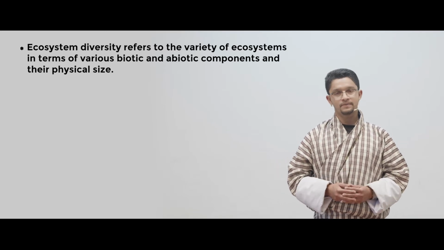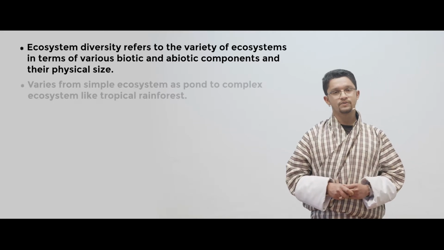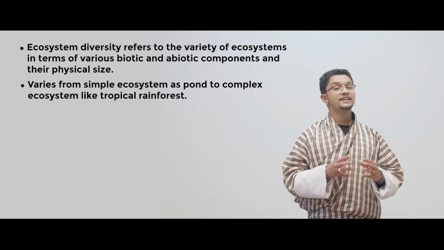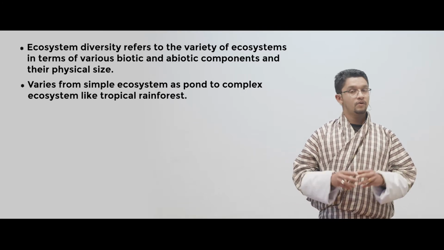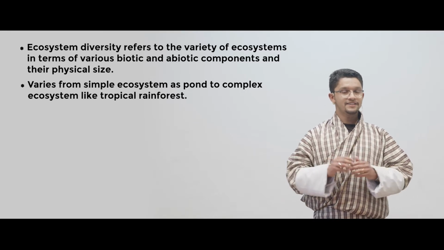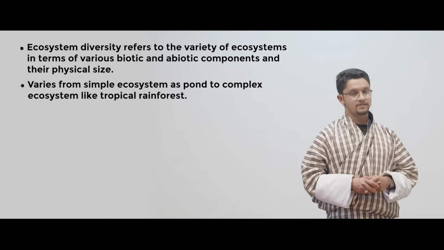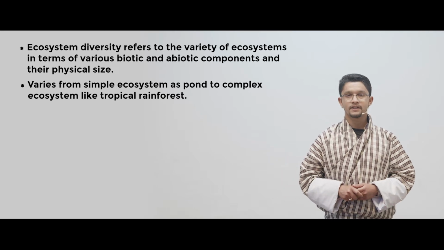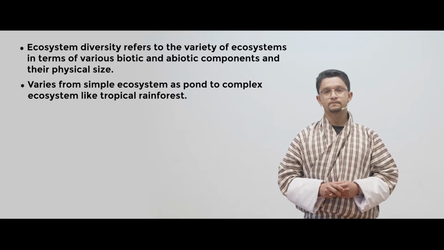A simple example: if you take one small area, we can see within that small area there can be different types of ecosystems. For example, one mountainous area can have a river system and forests. We can consider the river as one aquatic ecosystem and the forest as another, a forest ecosystem.